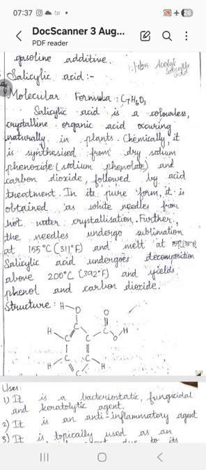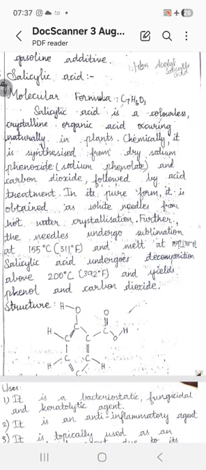Chemically, it is synthesized from dry sodium phenoxide, that is, sodium phenoxide and carbon dioxide, followed by acid treatment.